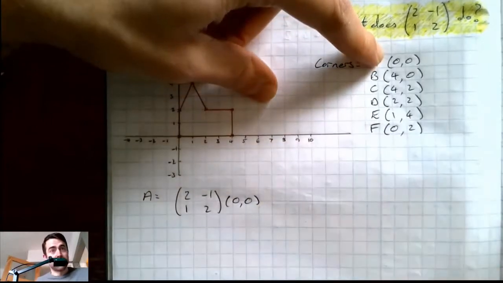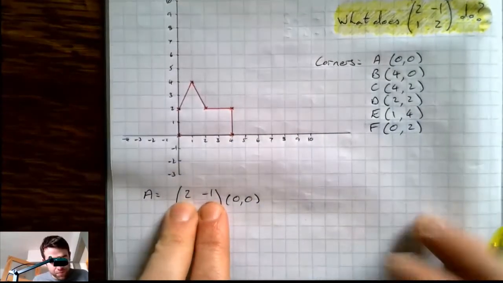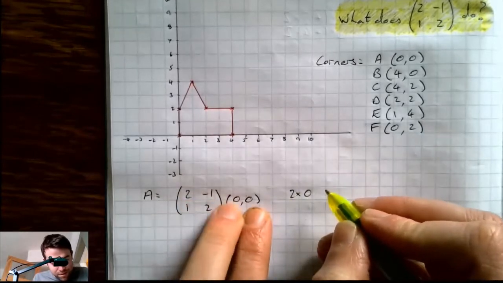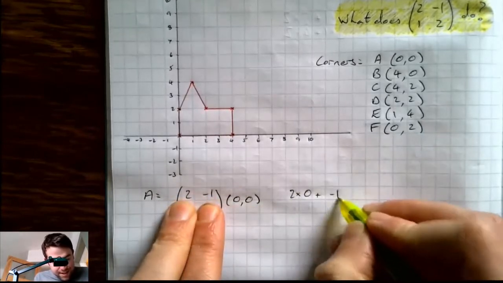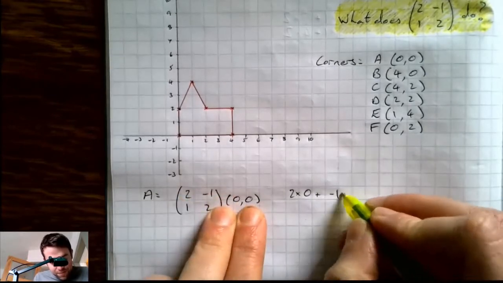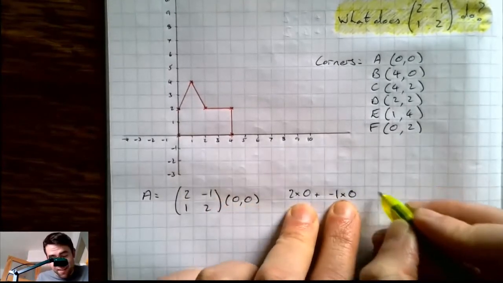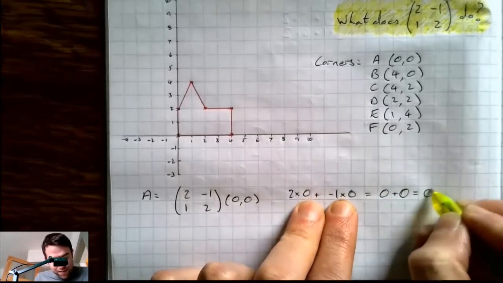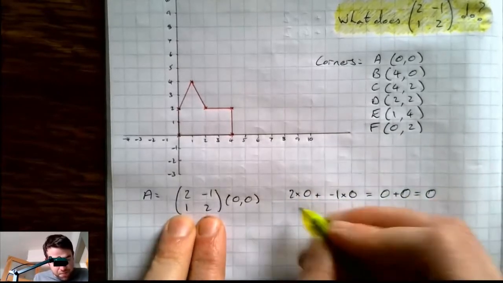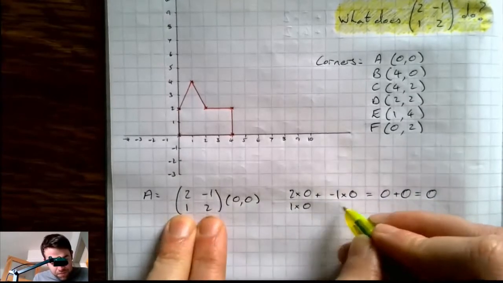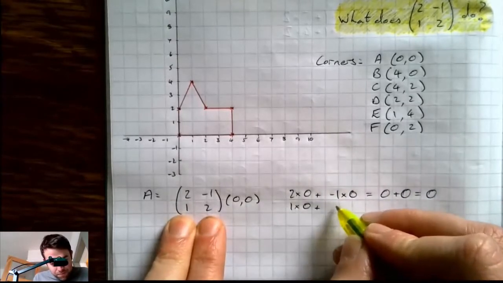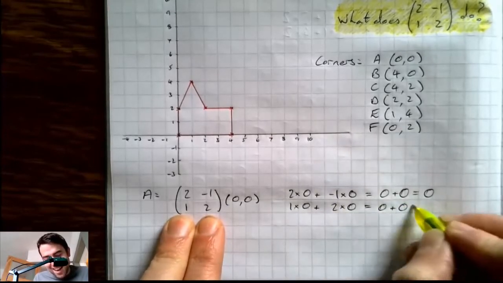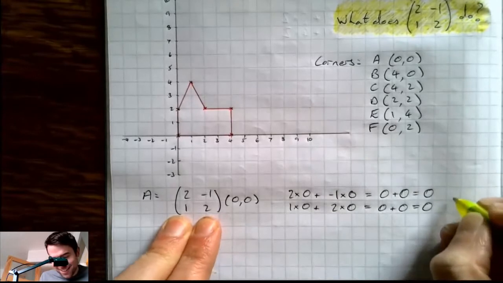And I'll do the process from last lesson. 2 times 0, add -1 times 0. Well, anything times 0 is 0, so this is just going to be 0. And now the bottom. Again, 0. That was an easy one.